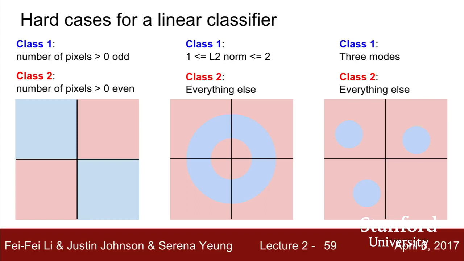Other situations where a linear classifier really struggles are multimodal situations. Here on the right, maybe our blue category has 3 different islands where the blue category lives, and then everything else is some other category.